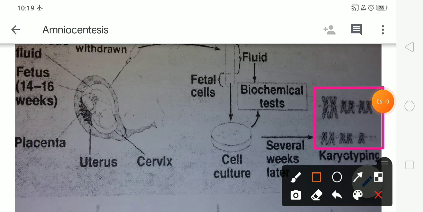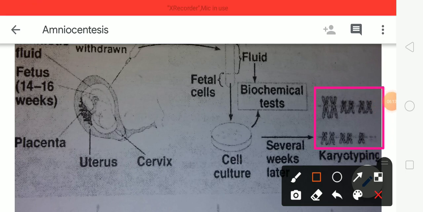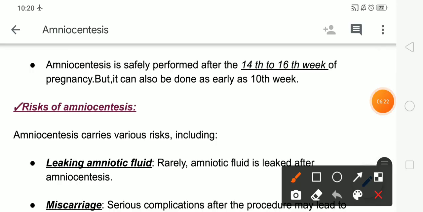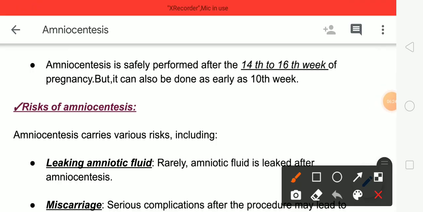See here in the picture we can clearly see the karyotyping of the chromosomes after the cell culture. This amniocentesis is safely performed after the 14th to 16th week of pregnancy, but it can also be done as early as the 10th week.